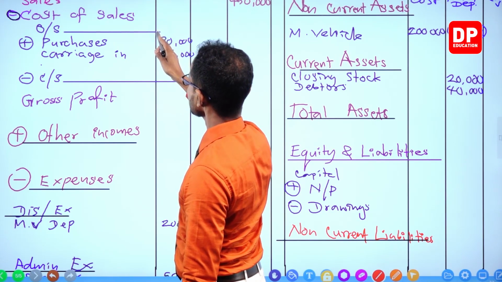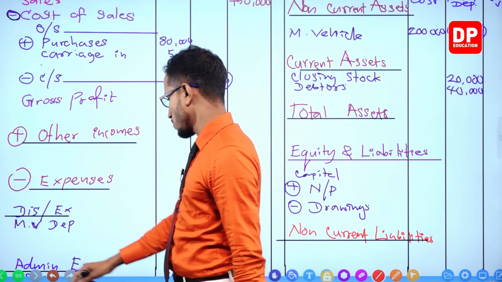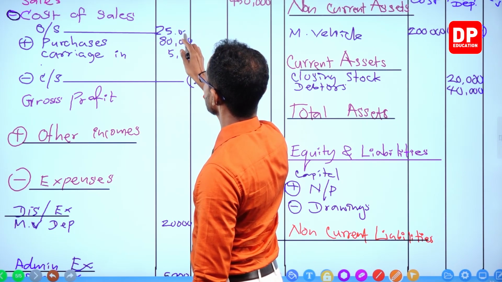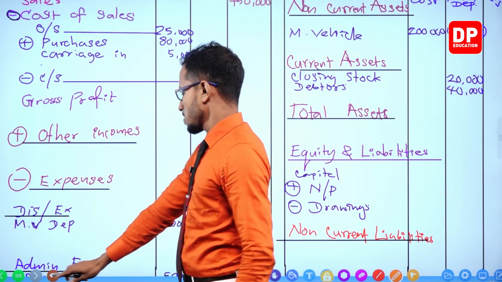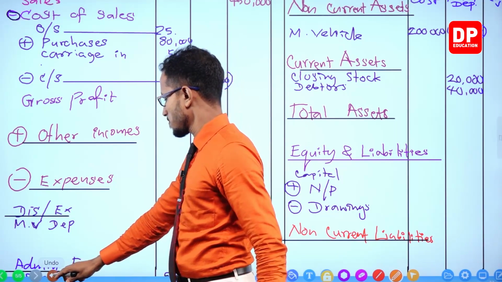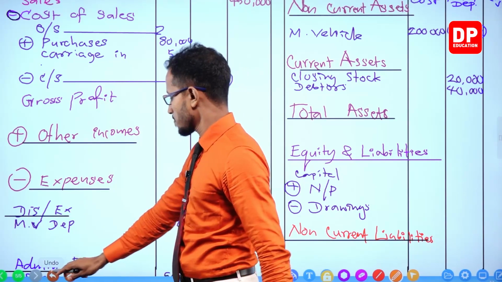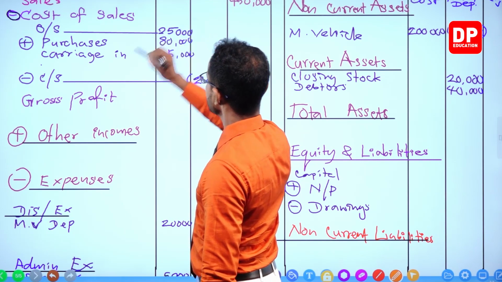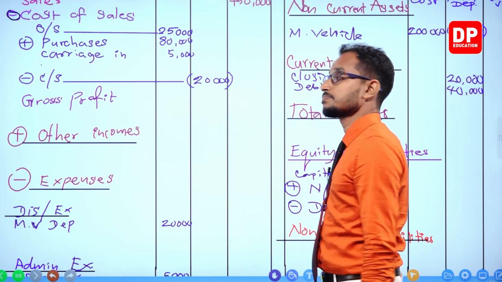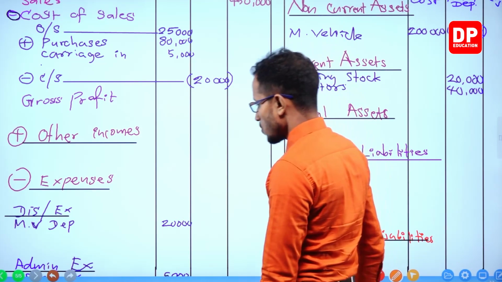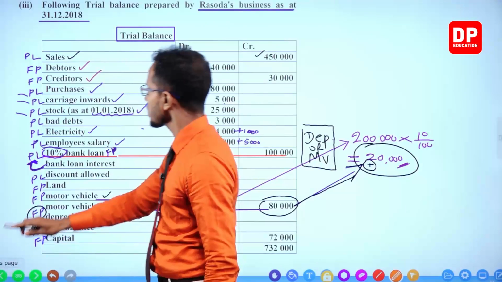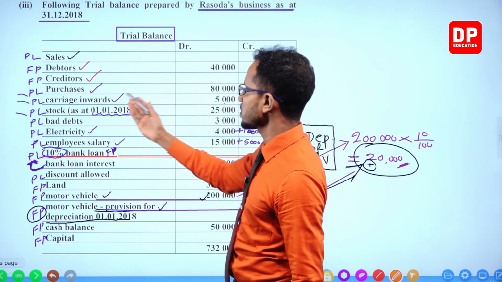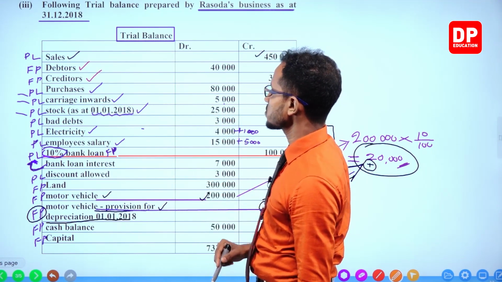You can put it in the second column or the first column, 25,000. Done. All 3 items recorded. Purchases 80,000, carriage inwards 5,000 and opening stock 25,000.